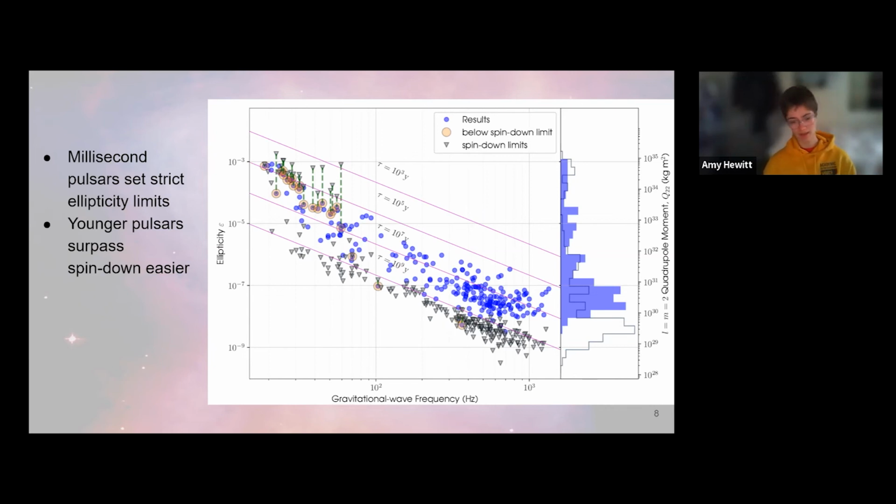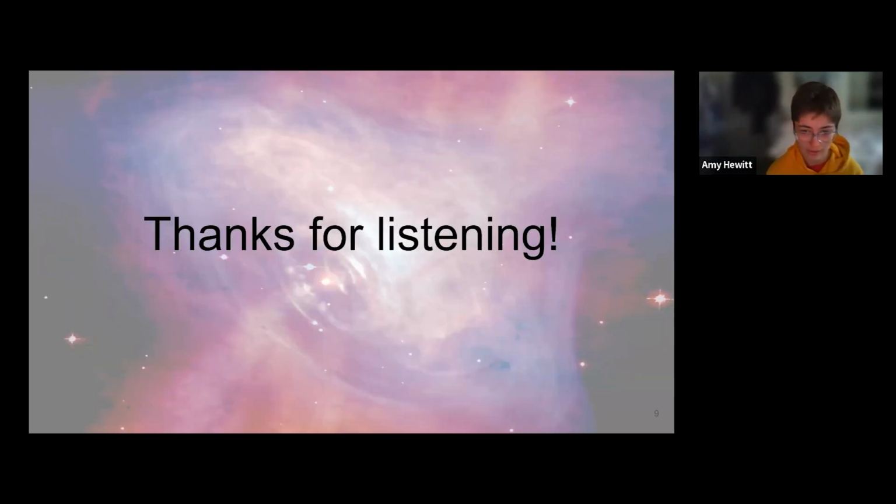So unfortunately, we didn't detect any gravitational waves this time in O3, but with luck, with O4, we might detect them. And if we don't, we'll still be able to place even more stringent limits on the ellipticities of these cool objects. Thank you very much.